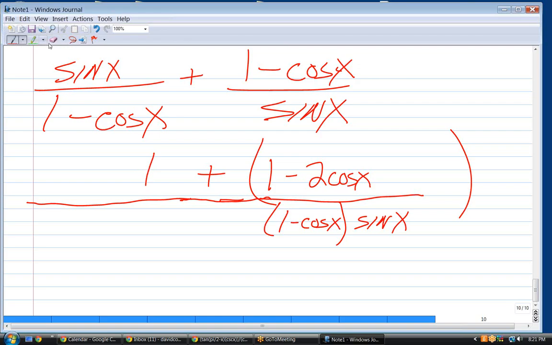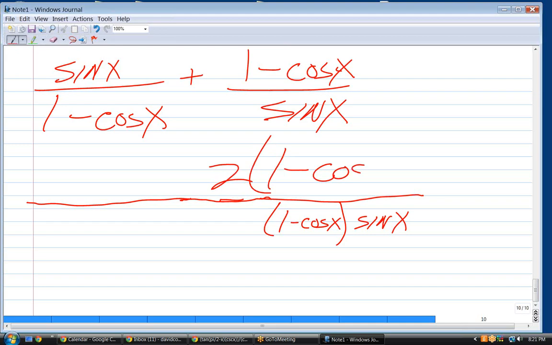Now I'm going to remove the parentheses. 1 plus 1 becomes 2. Now factor out what from this? Factor out the 2? Yeah. And I'm left with 2 times 1 minus cosine x.